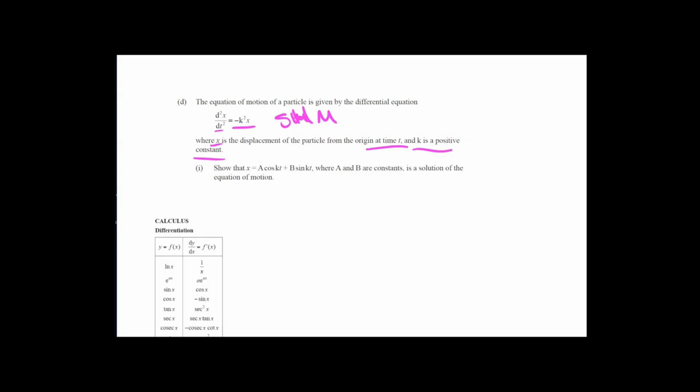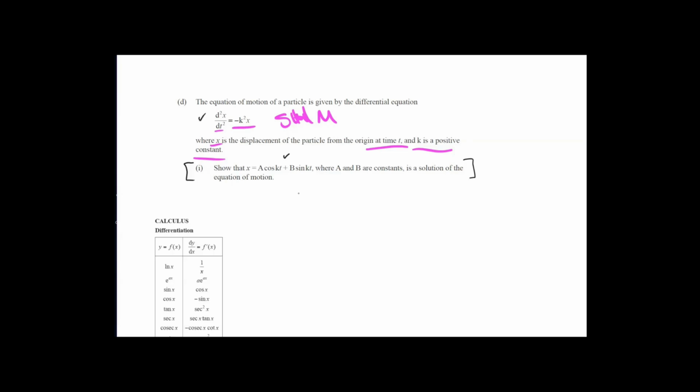So what can we take from this? Well, they tell us that this equation has a solution. So if we double differentiated this, we would get this.